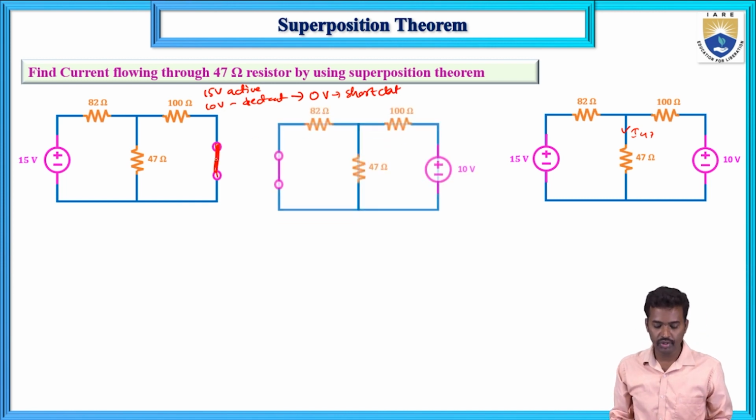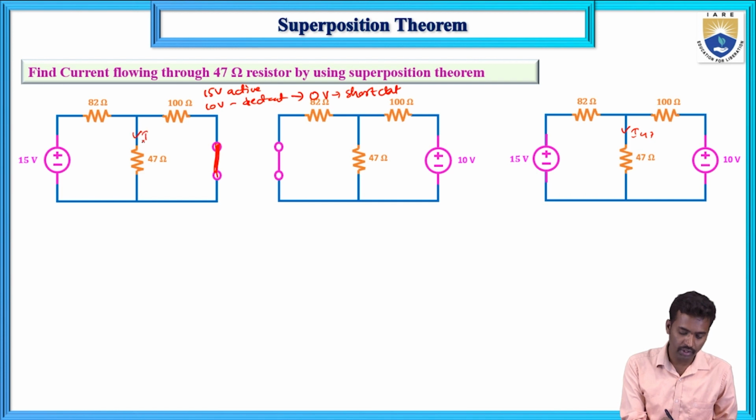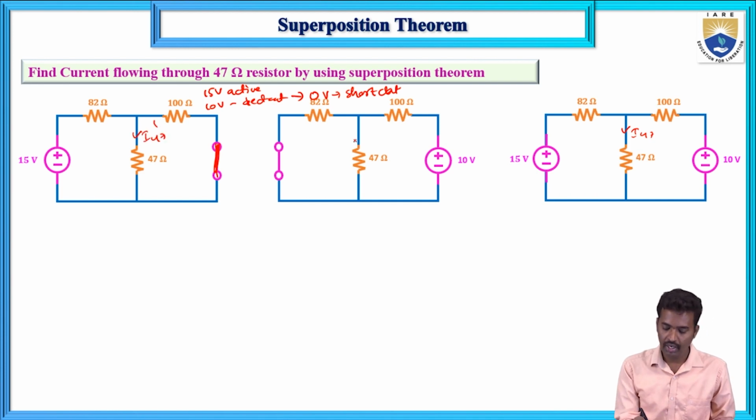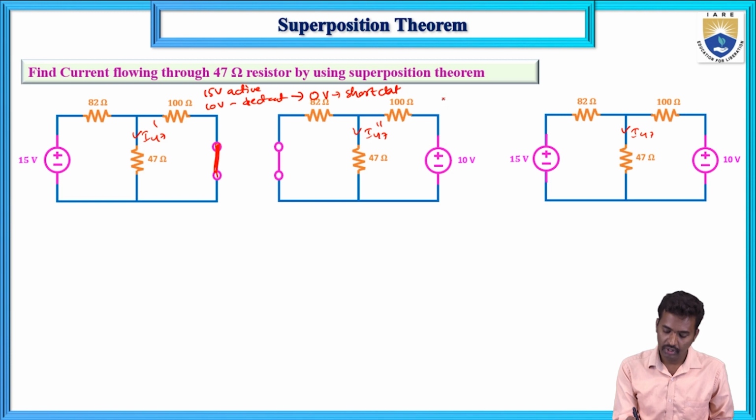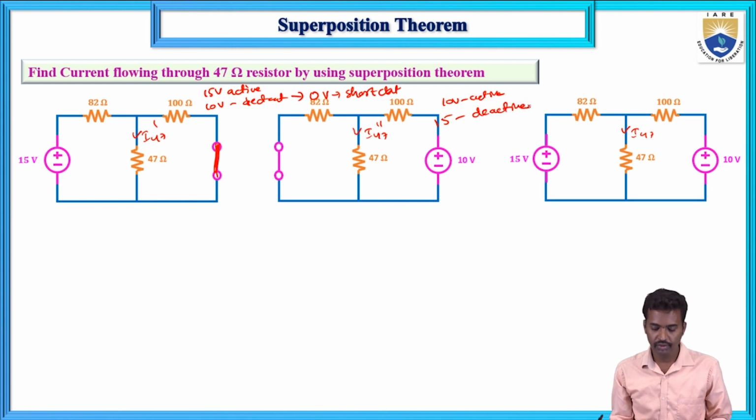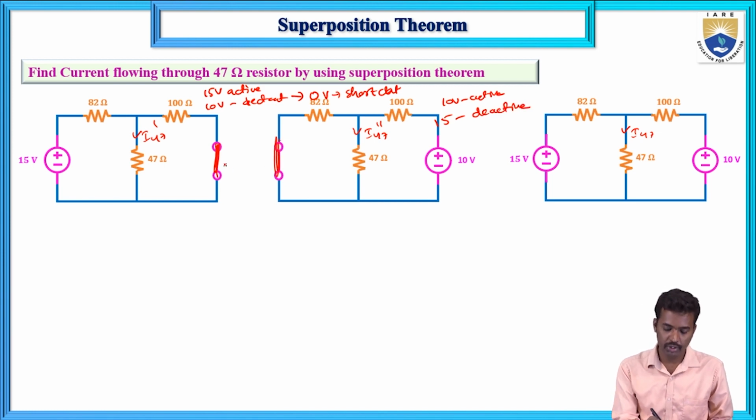And the second individual response, I-47 double dash, means 10 volts active and 15 volts deactivated. 15 volts deactivated means it is replaced by a short circuit.